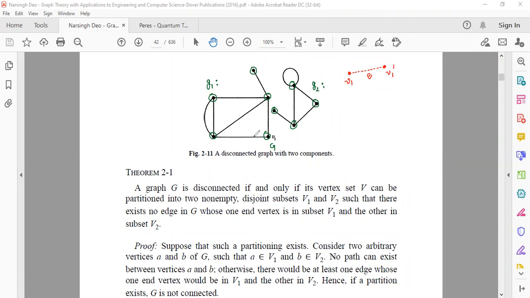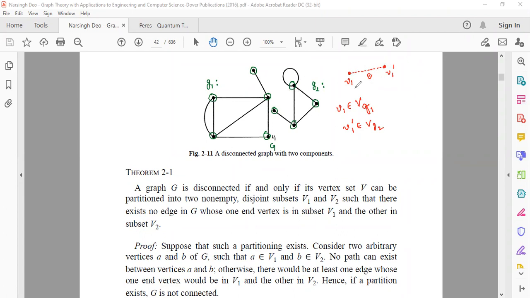So if the graph is disconnected, it cannot be so that V1 belongs to the vertex set of the graph G1 and V1 prime belongs to the vertex set of the graph G2. We cannot get such an edge for this type of case.